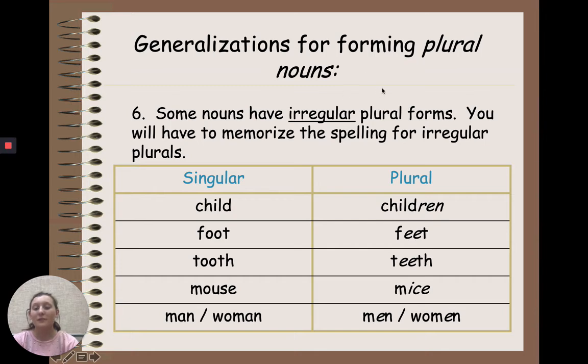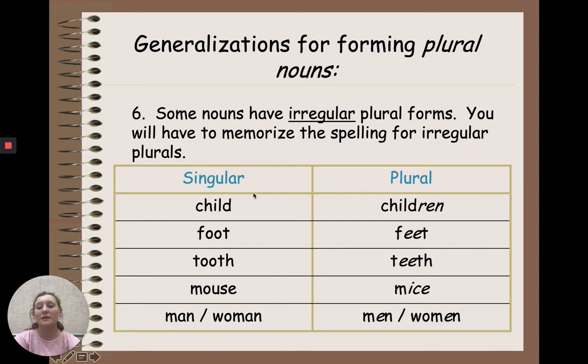Now we also have to talk about irregular plural forms. And again, these are ones that we just have to memorize. So the more that you write them and practice them, these are going to come a lot easier. So for child, when we're talking about one child, we say child.